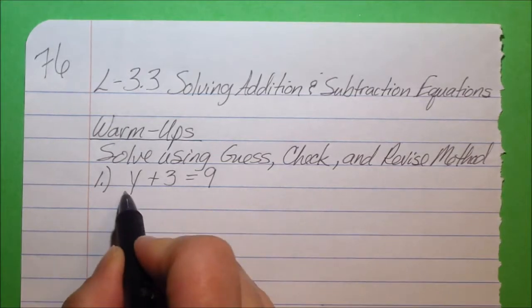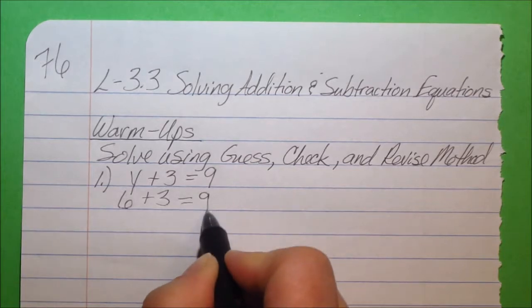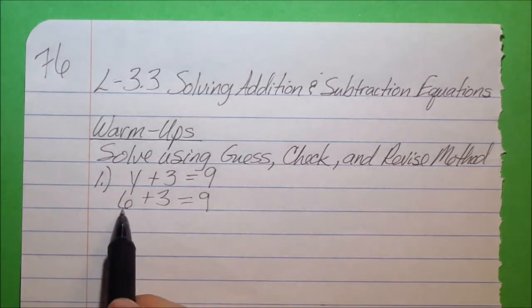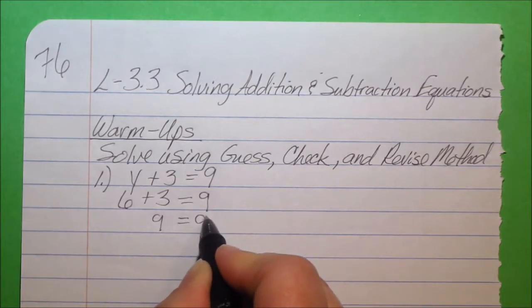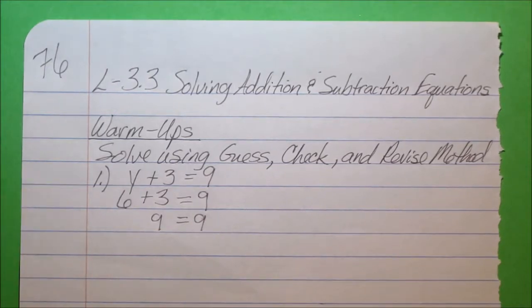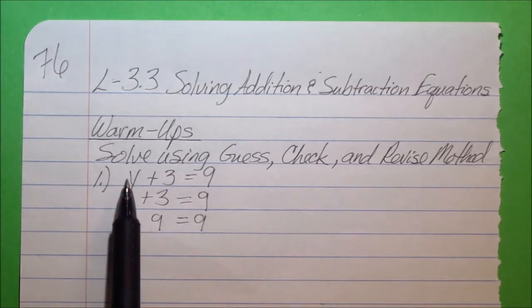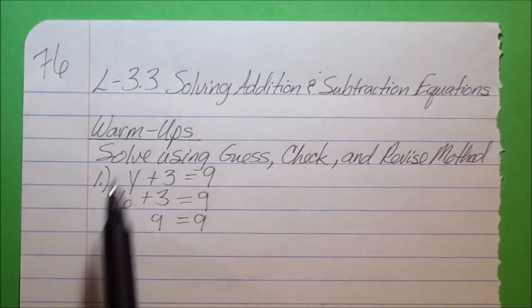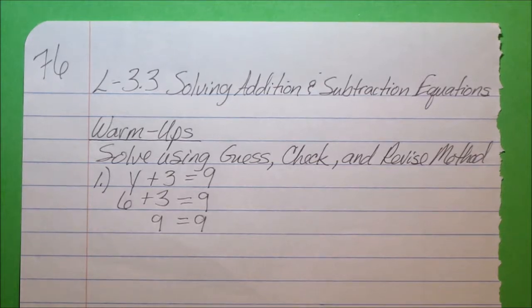So I'm pretty sure that 6 plus 3 equals 9. And I'm proving it by saying 6 plus 3 is 9, and my equal sign, and 9. Oh yes, 9 equals 9, and so I was right. 6 is the variable y. If I was wrong, that's where the revise comes in. I'd have to make another shot at seeing what it is, all right?